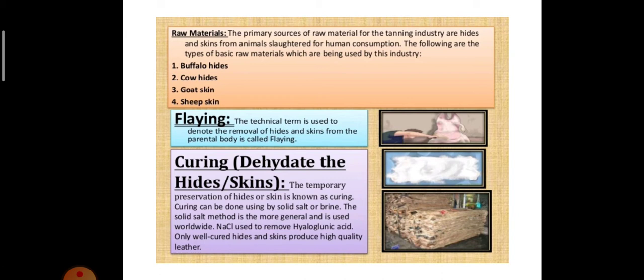Nowadays there are so many chemicals and advanced technologies to preserve food items. Similarly, the method used to prevent putrefaction or damage of the skin before tanning is called curing. Underline this point, students, and make note of it.